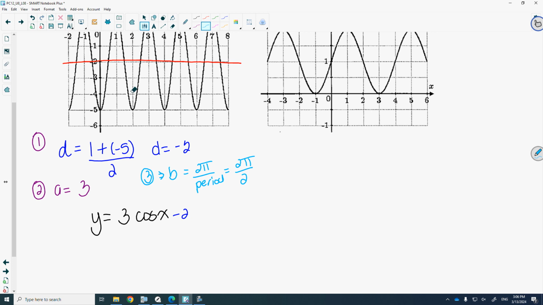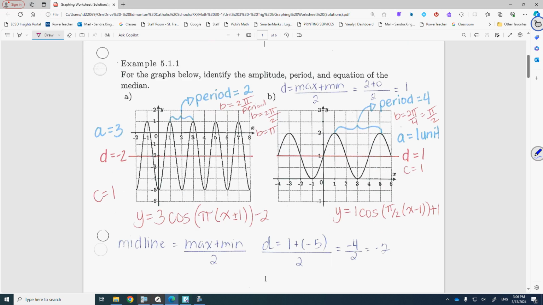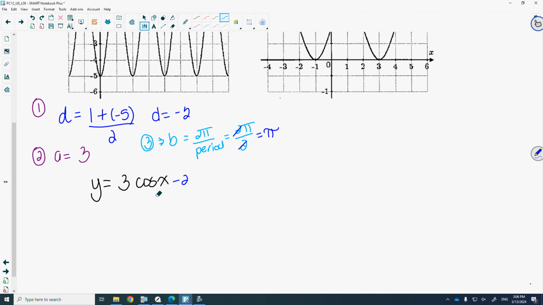The 2's will cancel, which will give me a b of pi. Now I just want to double check and make sure that my b value is correct. Okay, so now I have this equation here. Y is equal to 3 cosine pi x minus 2.